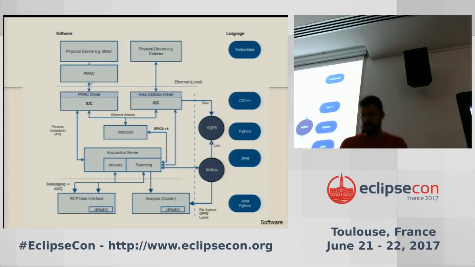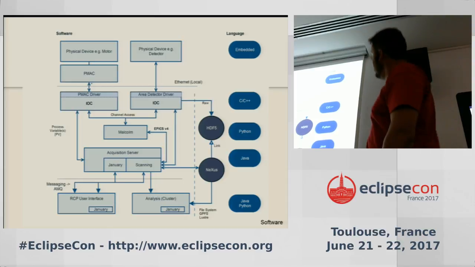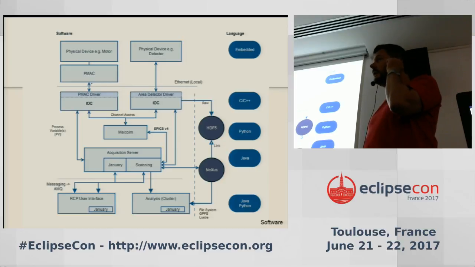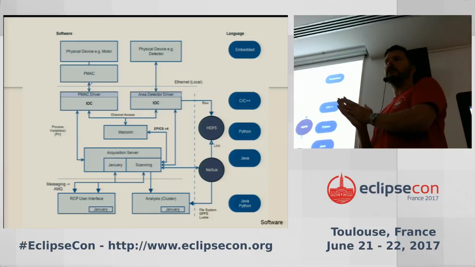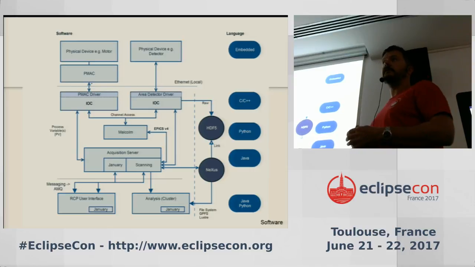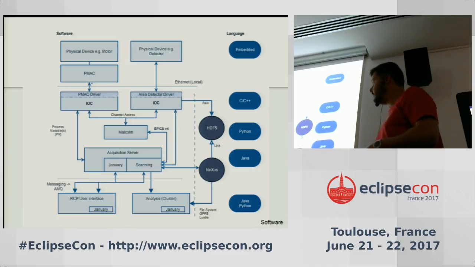So I wanted to talk about the software architecture so you can understand where Java comes in. So at the motor end, we've got the embedded software. You've got PMAC drivers and other physical detectors, which have all got APIs that come with them. We drive those APIs through basically C++ code, which is linked into a control system called EPICS.